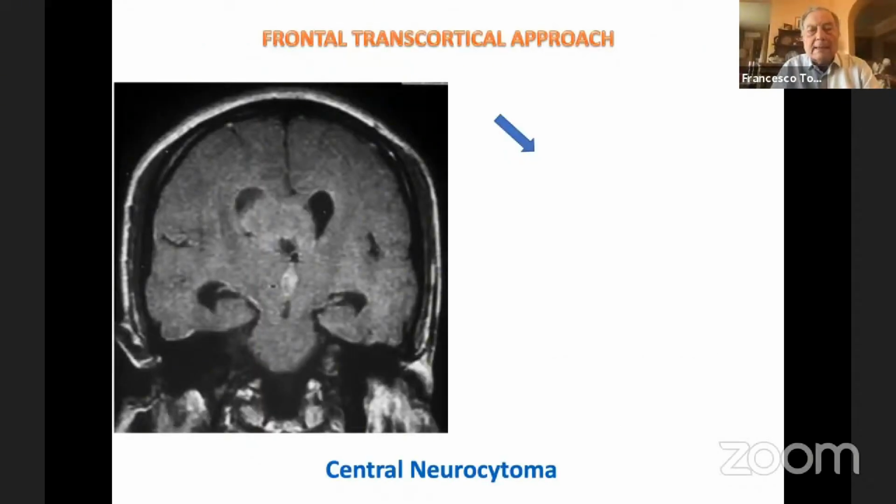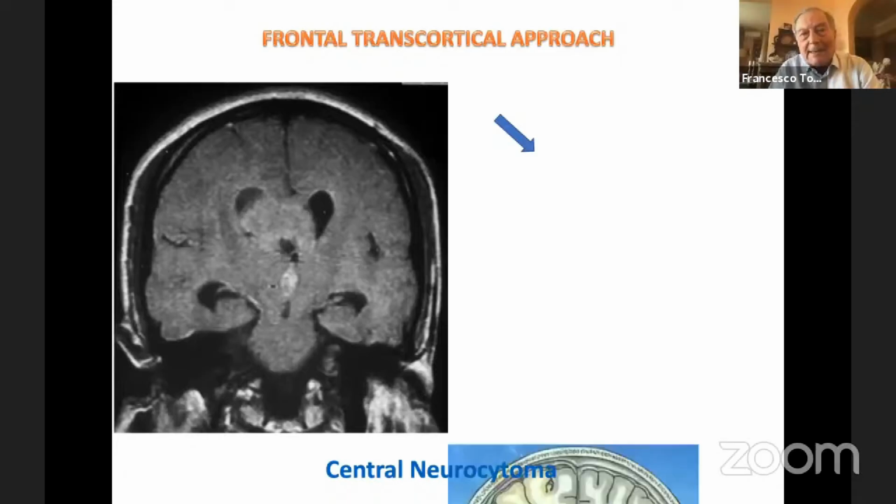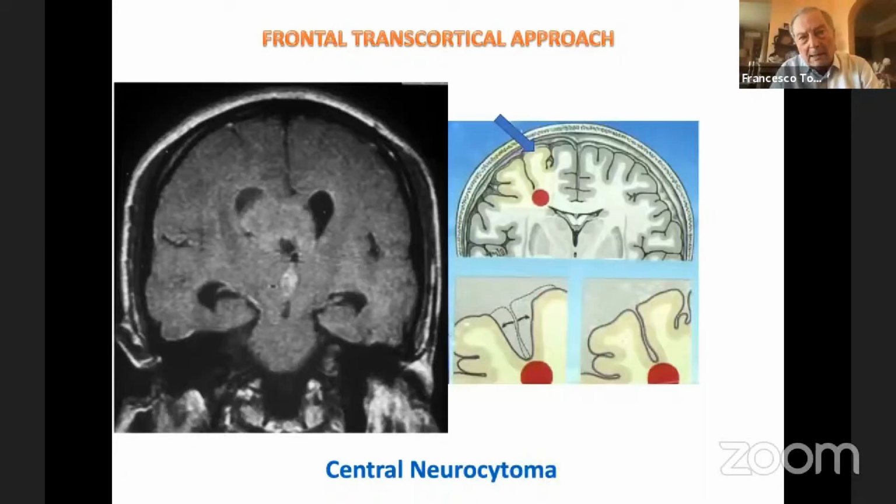So this is a central neurocytoma involving not only the third ventricle, but also the lateral ventricle. And the transcortical approach is a transsulcal transcortical approach, opening, as you see, the sulcus and reaching the lateral ventricle with sparing of neural injury to reach the ventricle.